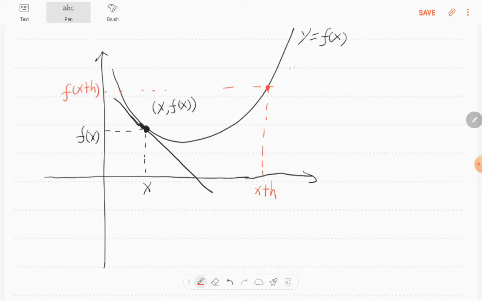So this point is (x plus h, f of x plus h). Then we can connect these 2 points. I didn't draw very well, but we assume this line connects these 2 points, and this line is called the secant line.